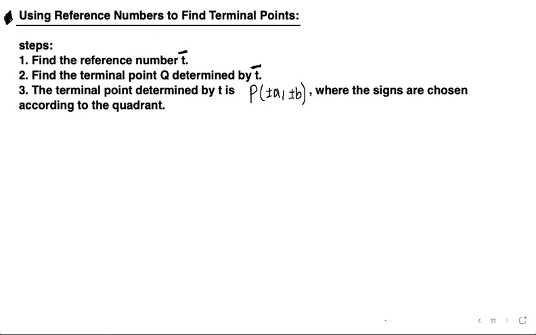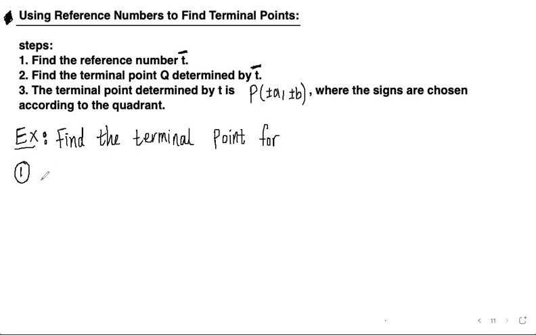I'm going to explain that by example. Let me do an example step by step of how to find the terminal point by using the reference number. So the question is, find the terminal point for: 1, t equals 5 pi over 6.